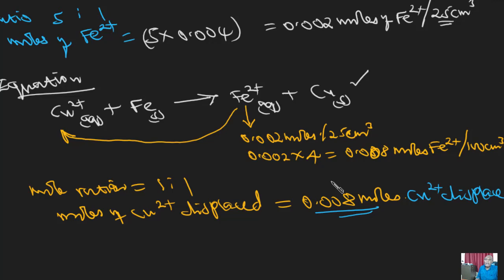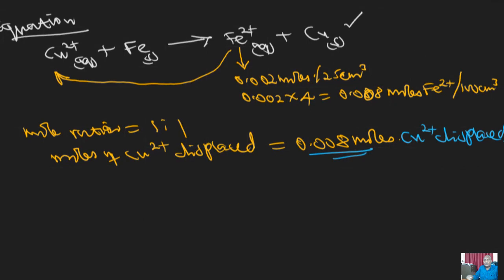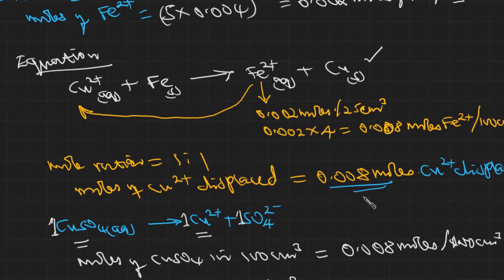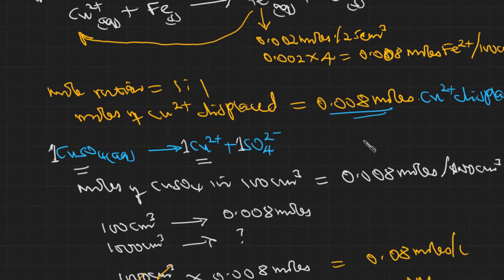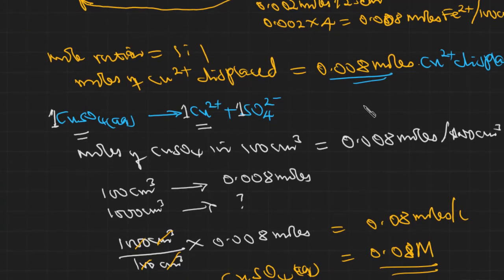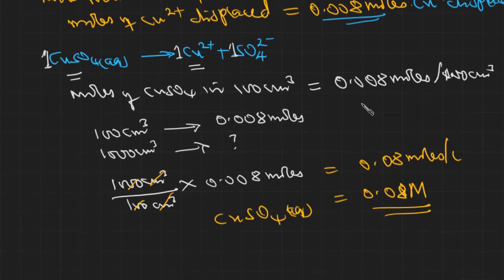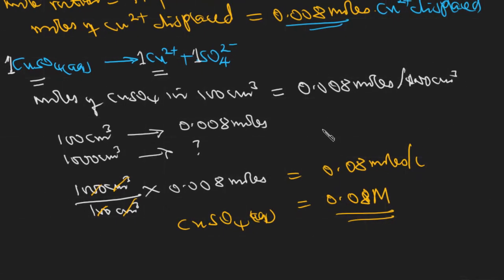Now we have the number of moles of copper ions displaced. We know these ions were in the solution of copper 2 sulfate, which contains copper ions and sulfate ions, in the ratio of 1:1:1, and therefore the number of moles of copper ions is equivalent to the number of moles of copper 2 sulfate.